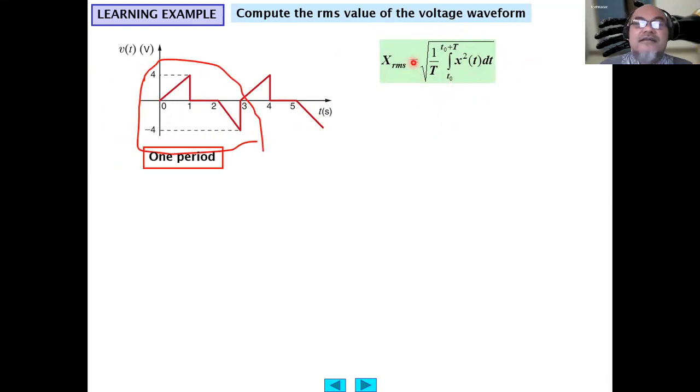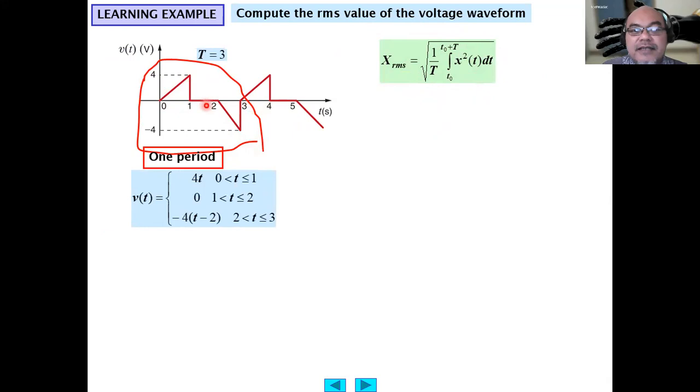Within one period, the period here is 3 seconds. Basically it consists of 3 regions. From 0 to 1 second, it increases from 0 to 4 volts, so the function is 4t from t equals 0 until t equals 1. Then from 1 to 2 seconds it equals 0.